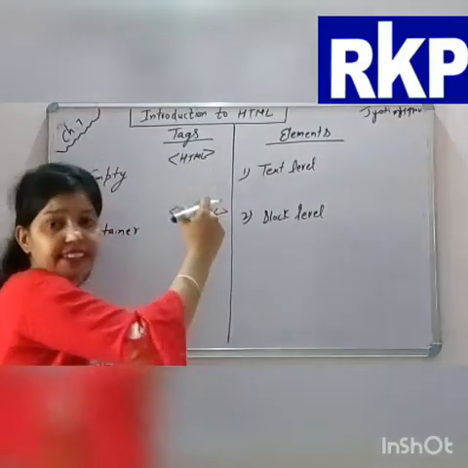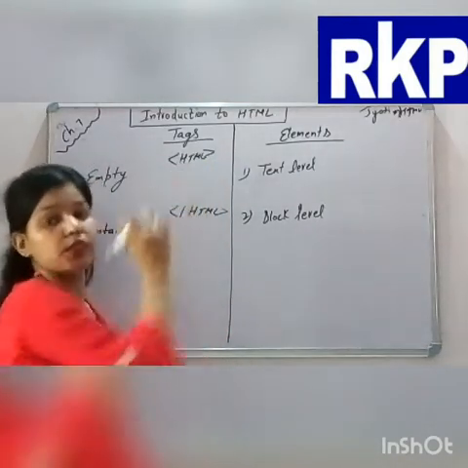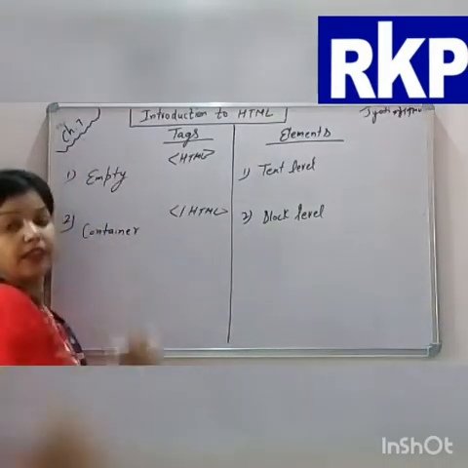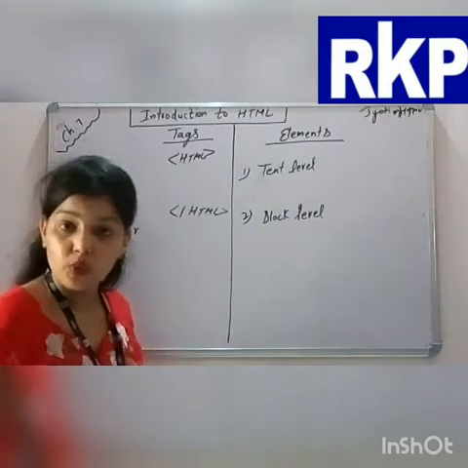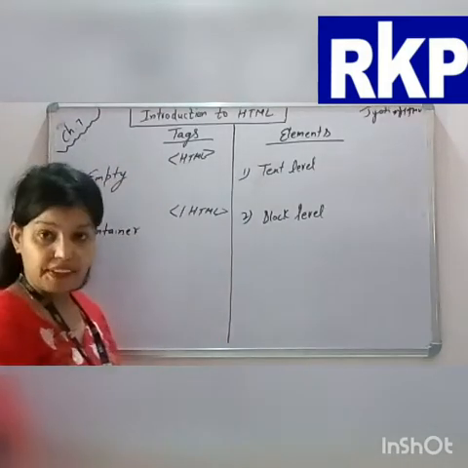For example, I am taking the HTML tag, and it will close with the backslash symbol. So if a tag is having opening and closing parts, that is a container. And if a tag is having only an opening part, not a closing part, that is empty.